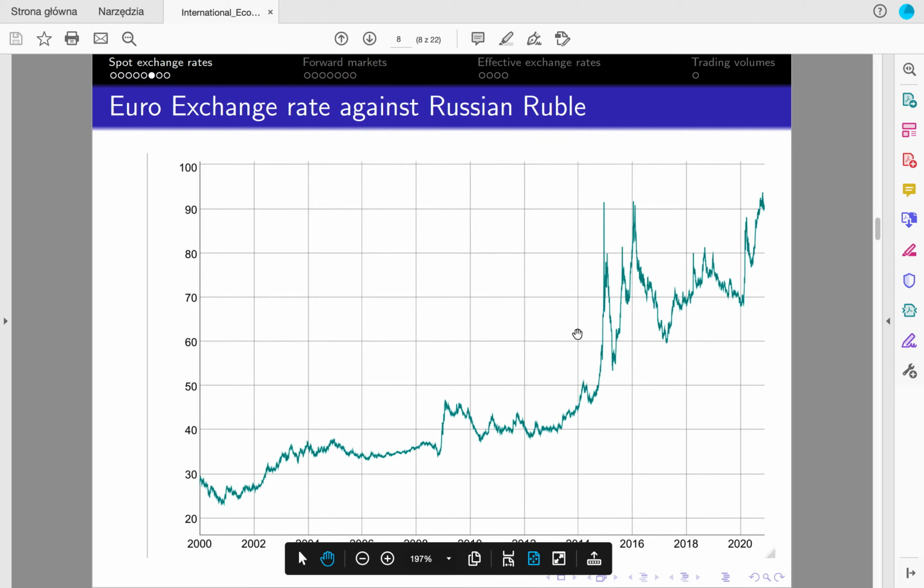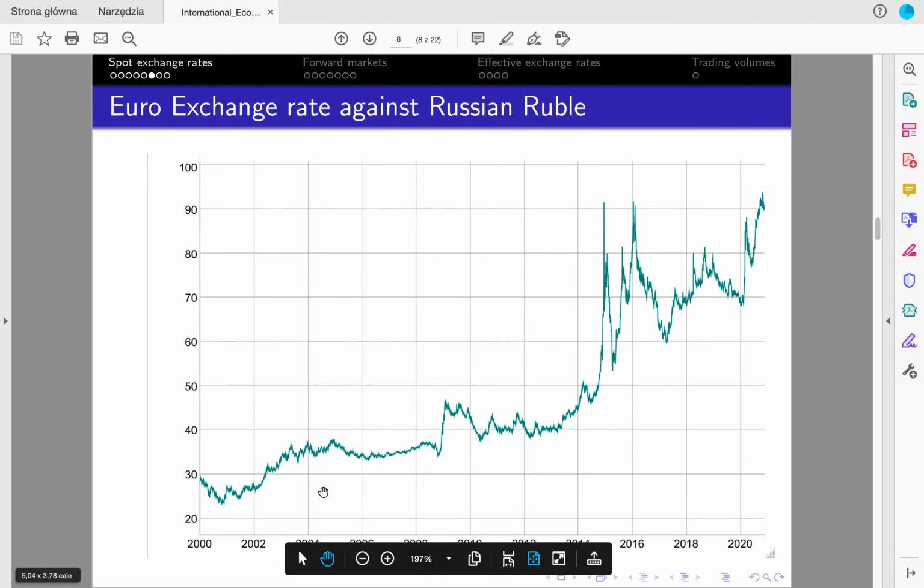Like, euro appreciated against the Russian ruble greatly, and by the same token, we can say that the Russian ruble depreciated greatly, and in this case, you might say that there is very little volatility over here.